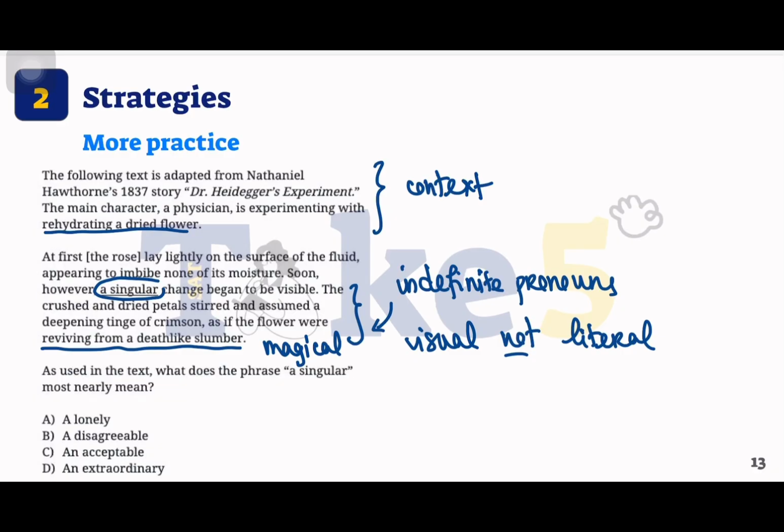So this change is very dramatic, very significant, almost like unbelievable. So the only answer that fits is D. It is very easy to fall into the trap of a simple answer like lonely, since it's a literal synonym of singular. This is why it's important to master this technique, because this is how the DSAT question is constructed to trick you.